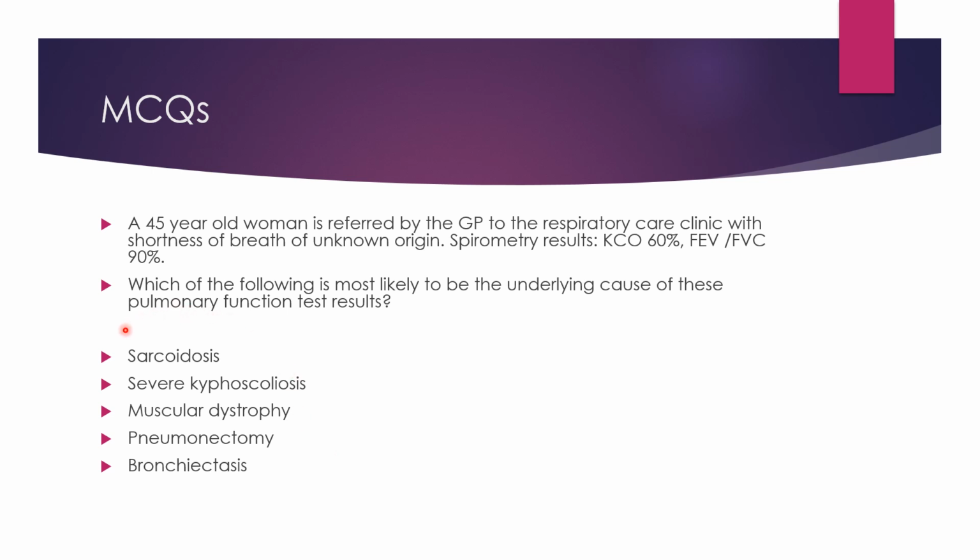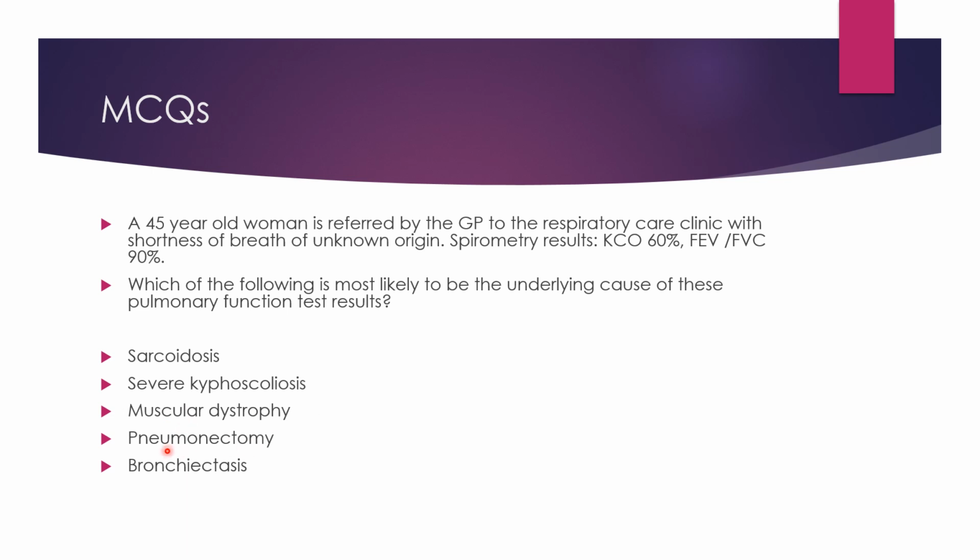So yeah, sarcoidosis is usually associated with pulmonary fibrosis. So obviously in pulmonary fibrosis, as I told you, there is reduced TLCO and reduced KCO. But these 3 things come under those exceptions where there is increased KCO and reduced TLCO.